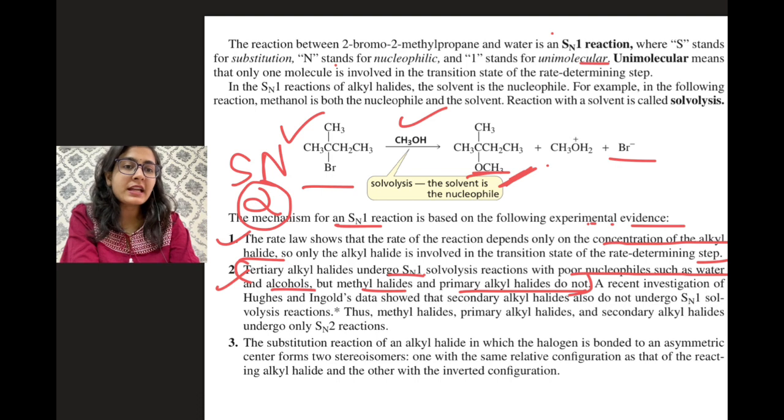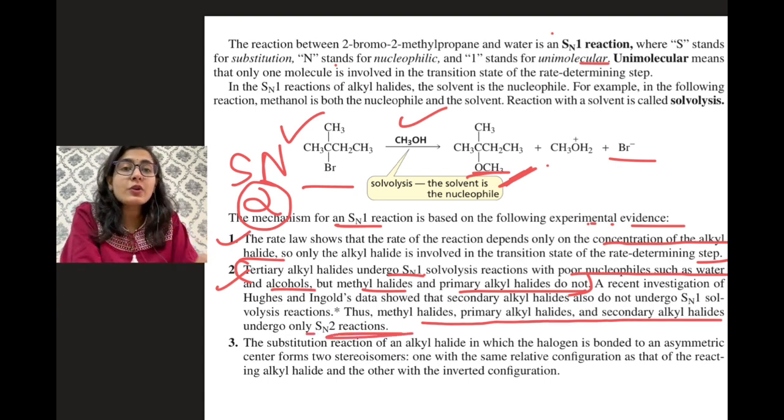So, yes, thus methyl halides, primary alkyl halides and secondary alkyl halides only undergo SN2 reaction. So, the smaller ones will undergo SN2 and the bigger ones will undergo SN1 reaction, hence proved. Also, the substitution reaction of an alkyl halide in which halogen is bonded to an asymmetric center forms two stereoisomers.